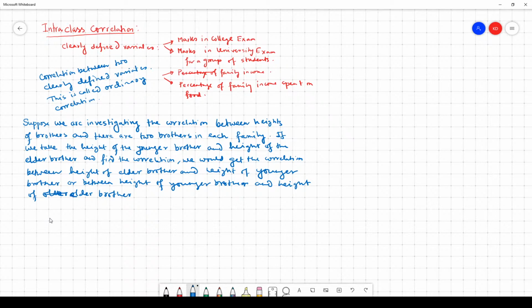And this is simply the correlation coefficient between these two variables.